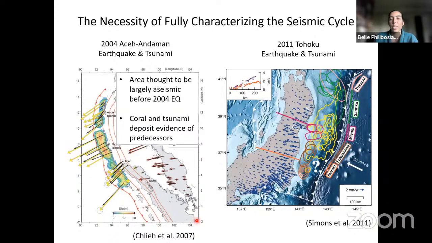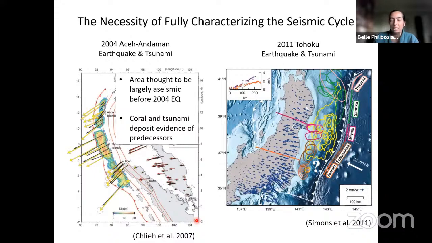Nevertheless, there was quite a bit of geologic evidence from corals and tsunami deposits of previous events that were similar to the 2004 earthquake.